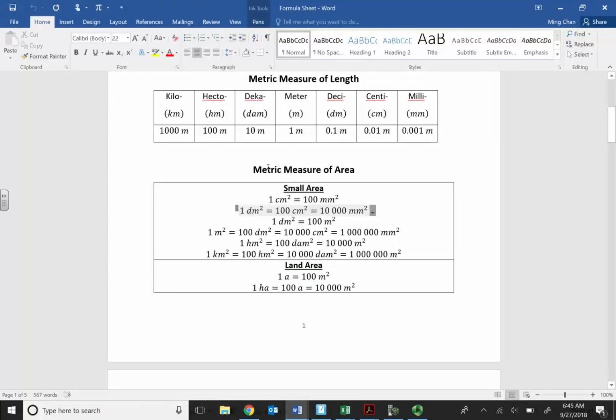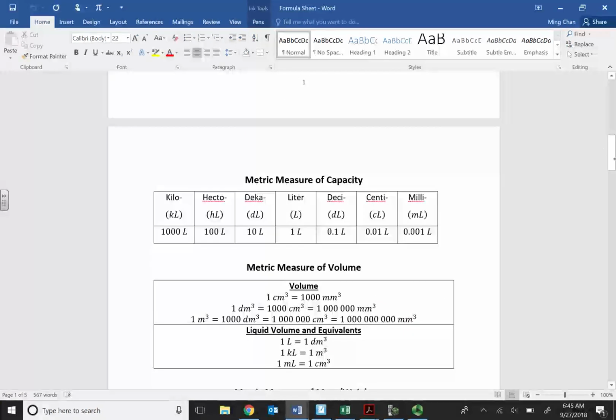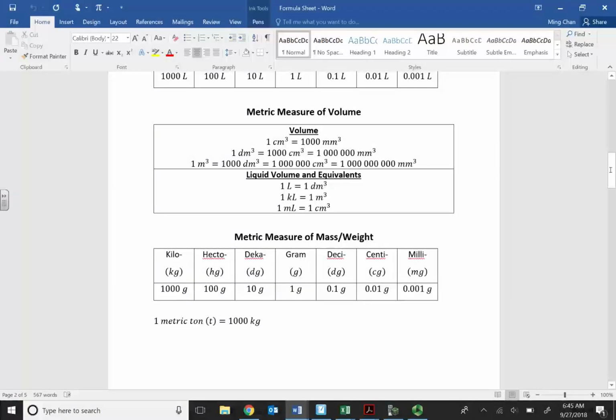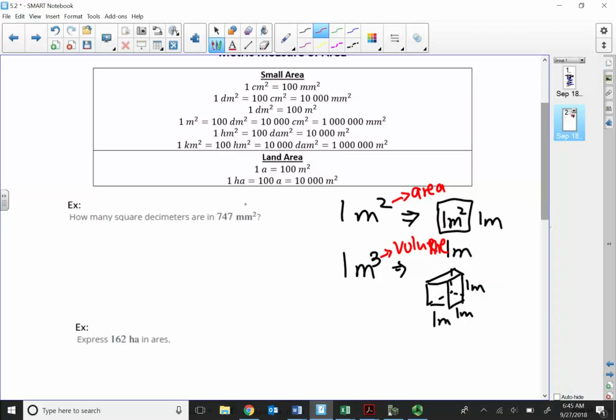That's the reason why on the top I write down area, and everything here has square on it, because later on we will talk about capacity, and about volume in the next section. So just be aware what measurements we are working on. Are we converting capacity, length, weight, area, or volumes?